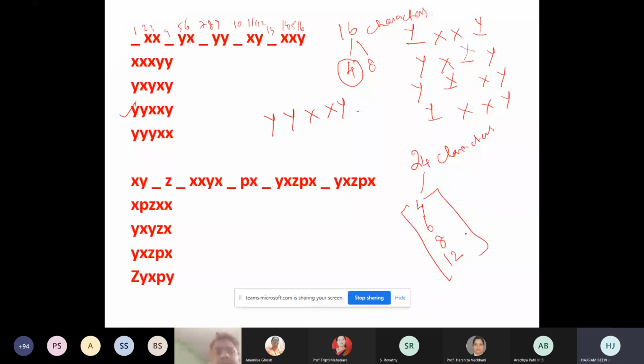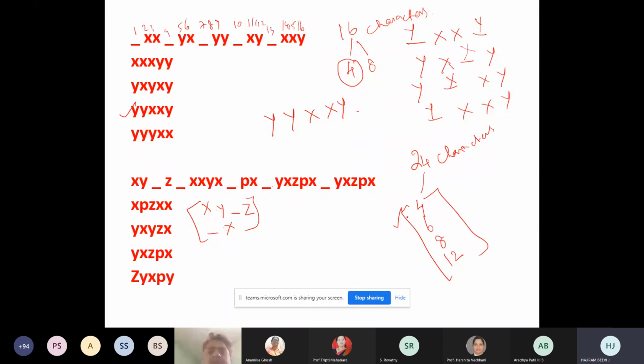Suppose I take a 4-character pattern: x, y, hyphen, z, then hyphen x. See here, in the second place we get a different value, so the 4 pattern is not applicable here.